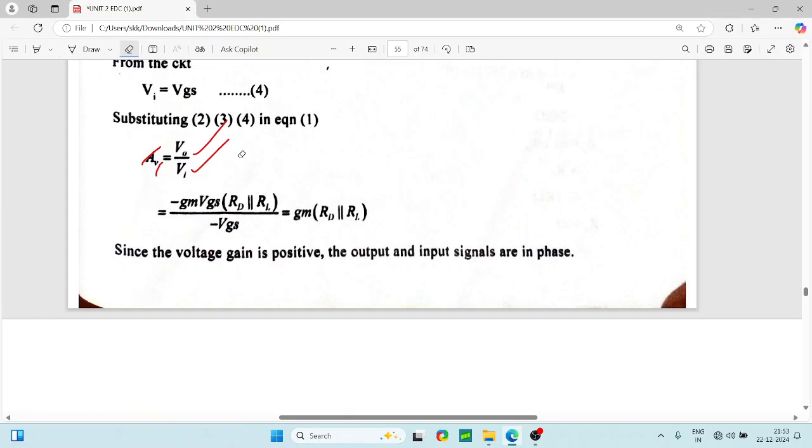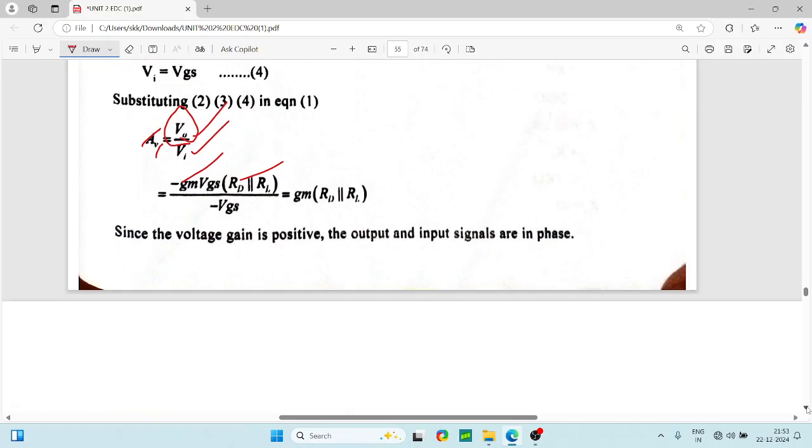Output voltage is ID, that is GM into VGS. So you got the voltage gain, right? Whether this is common source, common drain, or common gate, V naught in this stage means I into R. Just simply write I into R.